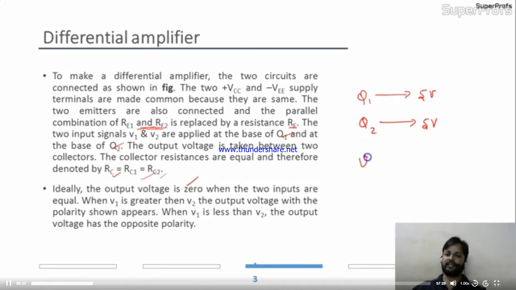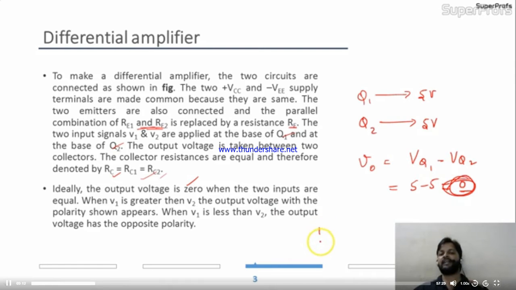But we are taking the difference of them, VQ1 minus VQ2. So it will be 5 minus 5 equal to 0. But it will be 0 ideally. Practically it will not be 0, because it is not possible to take two exactly identical BJT circuits. There will be some difference. Okay.